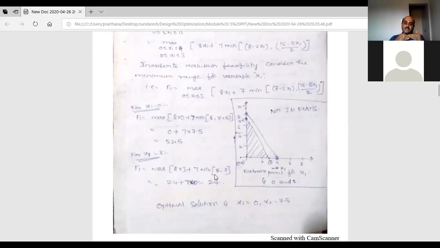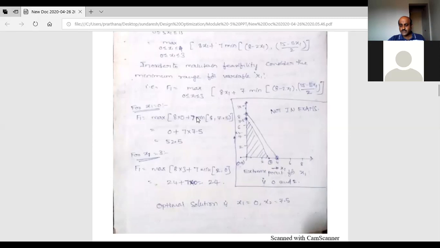So like that, if you put x1 is equal to 0, x1 is equal to 1, x1 is equal to 2, x1 is equal to 3, from 0 to 3, you have to keep on trying and see for which value of x1 the f1 will become maximum, because you are maximizing the function. f1 should be maximum, and for that, the value of x2 should be minimum.